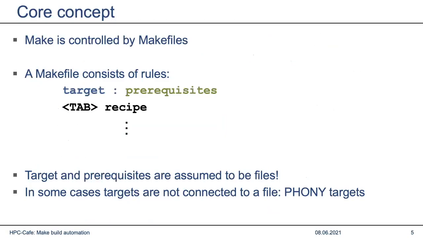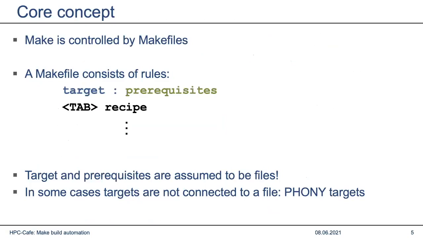So now, there is one core concept that is the crystal of all makefiles. This is the minimal thing that must be there in a makefile. So Make is controlled by makefiles. Those are text files, and those specify what needs to be done. And a makefile consists of so-called rules.